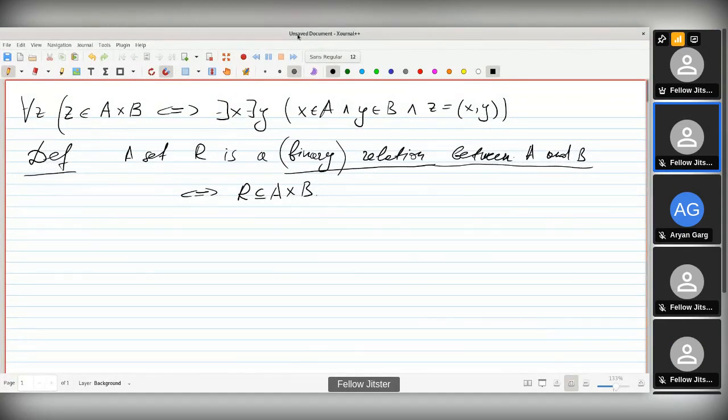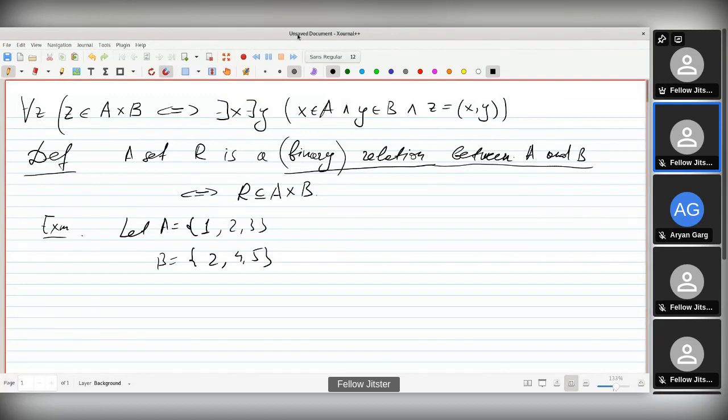Let us obtain some intuition for this concept. First of all, some trivial examples. Assume that A contains just 1, 2 and 3, and B contains 2, 4, and 5.